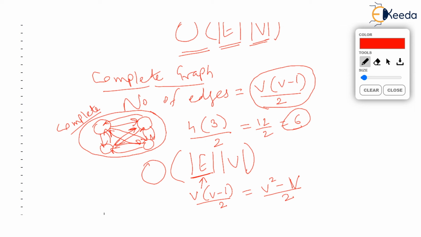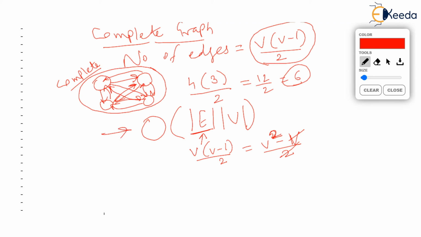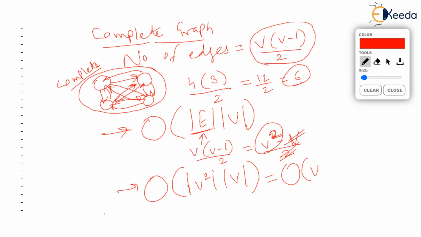So if you leave out this minus V and upon 2, as you know, this is a polynomial of degree 2, what we are going to now get is this big O notation becomes O of V square into V. Just check, this number of edges can be approximated as V square. Actually, it is V square minus V upon 2, but we are writing big O notation. So we can remove these smaller terms and we can write the degree, that is V square, and it comes out as O of V cube.